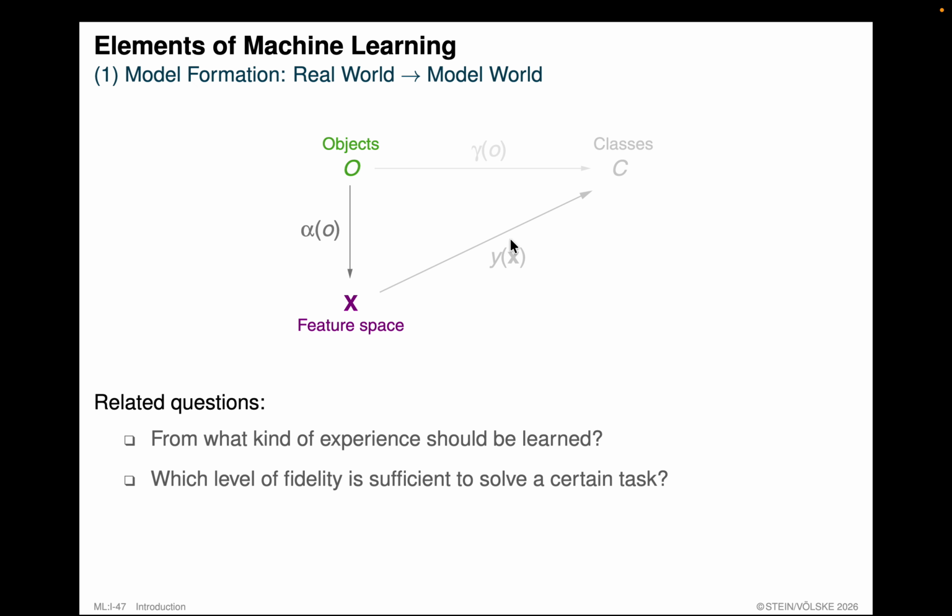And this mapping, this function y that is to be learned, should approximate as closely as possible, ideally be identical to, the real world function of some expert or some arcane mechanism of nature that actually maps the real world objects to their classes.